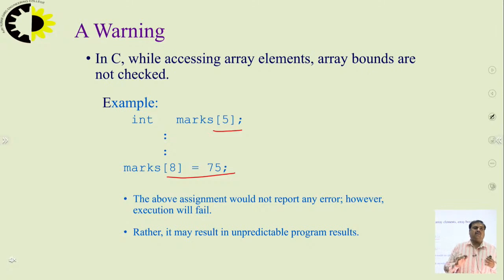C programming will not provide any error for this, but it is the responsibility of the programmer to keep bound checking, because such things will not give any error, but during the execution of the program that may create problems, that may terminate your program abruptly, or it can create some kind of exceptions, because there is a possibility that at the location where we are storing this, some other element is stored and we are accidentally changing the value of that element.